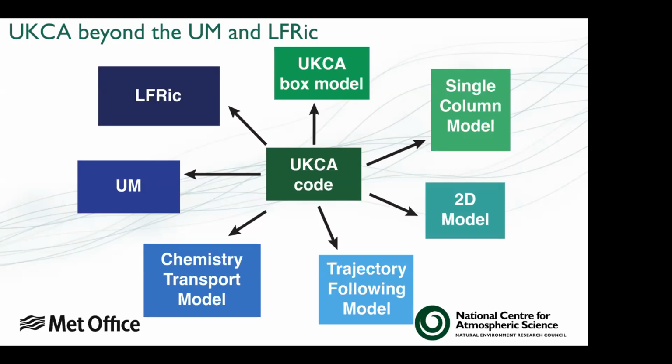We might want to look at lots of ensembles of a 2D model. You might want to say, for aircraft campaigns, run a trajectory following model. And everything that you learn can be put back into the UKCA code and applied to bigger models or to other models in the hierarchy of models that are here. So there's lots of great work that could be done with UKCA at its core with all these different models that are there.